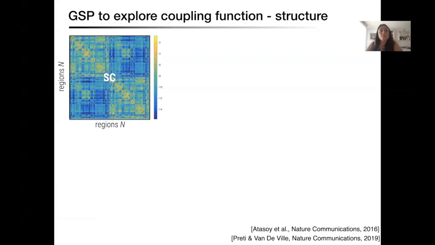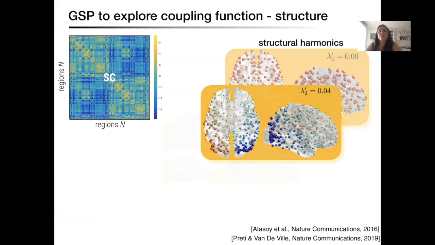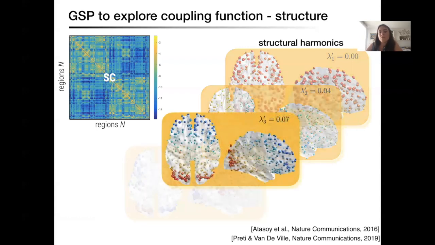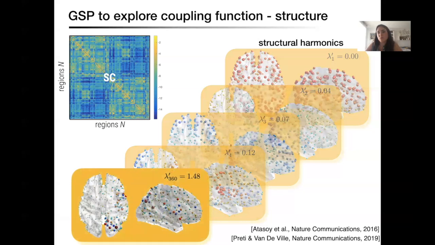First of all, the graph that we consider is a structural connectome. It's like the matrix that we saw before for functional connectivity, but includes information about physical connections of different regions represented by white matter fibers. And from the decomposition of this matrix, in particular the eigen decomposition of the Laplacian of this matrix, we can retrieve patterns that form this structural backbone that are defined as structural harmonics.